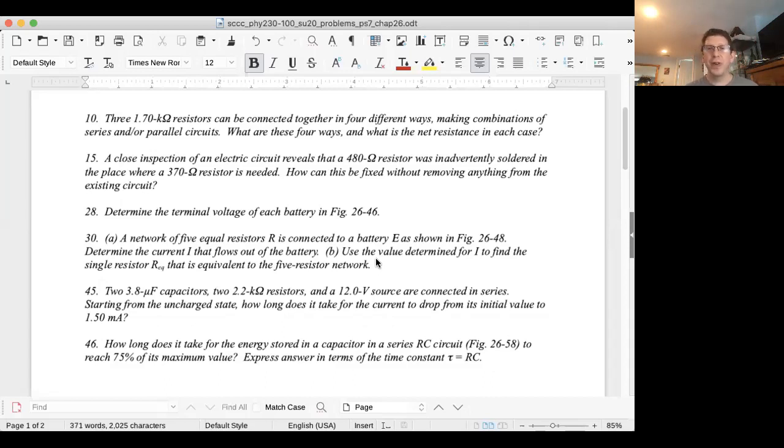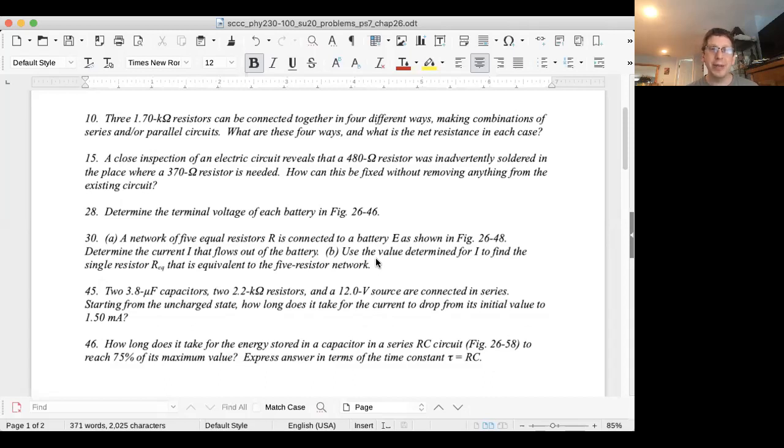So first, figure out the equivalent capacitance, then figure out the equivalent resistance, and then it becomes your basic RC circuit problem. And so what's the initial value of the current? And again, you can figure that out from the equivalent resistance since you're given the total voltage. And then figure out how long it takes to drop from the initial value to 1.50 milliamps.